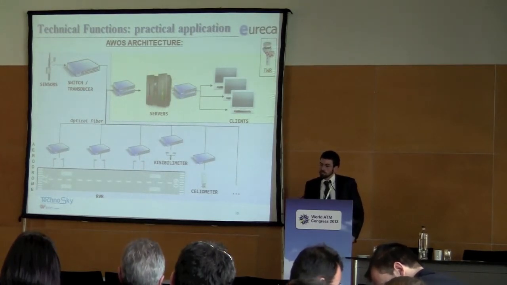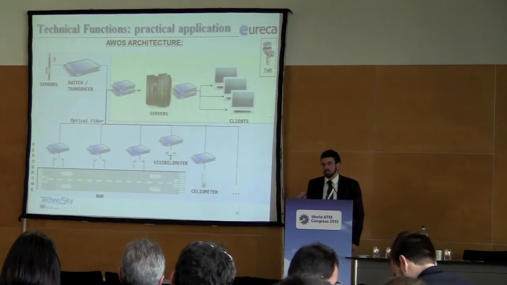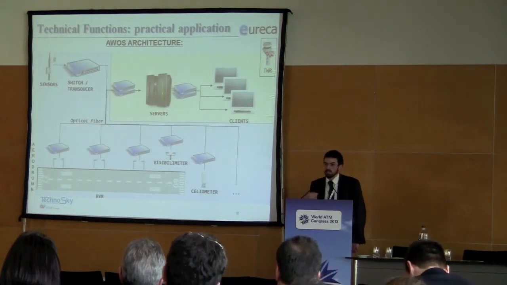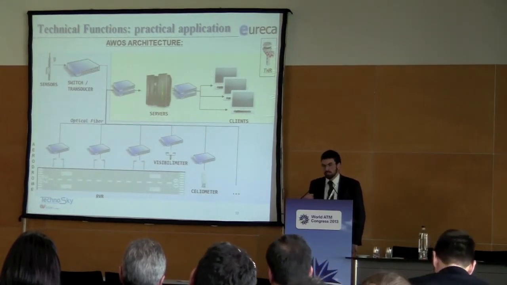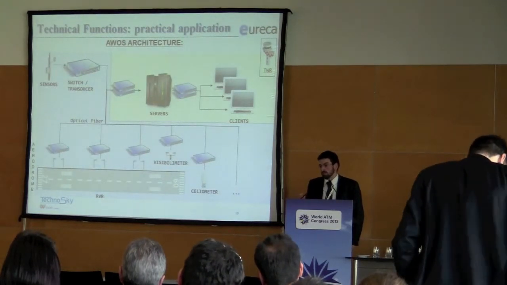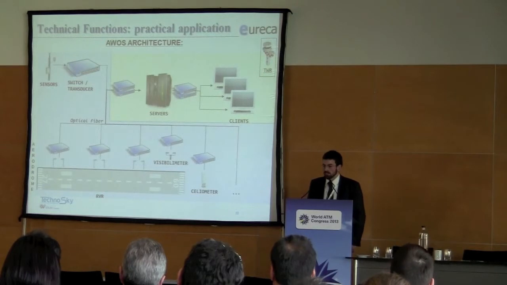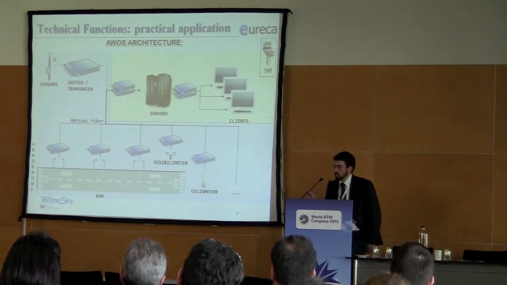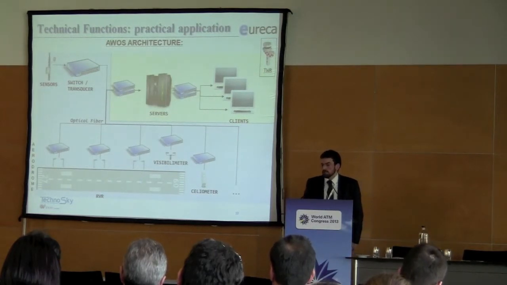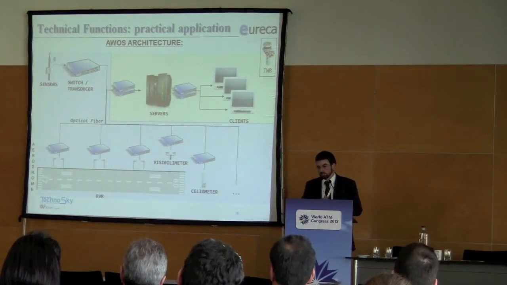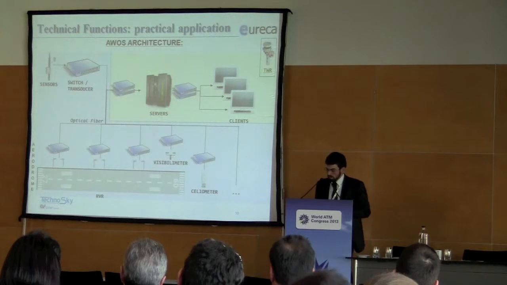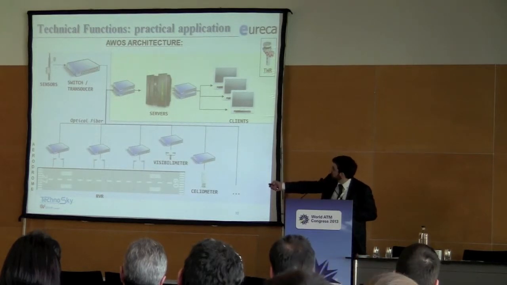For example, suppose that we have to analyze the HMI system, that is the main airport weather system. And by the way, there is a simulation of the system produced by TechnoSky in our stand. As you can see, it is composed of a set of sensors in the aerodrome that are placed on a mast, on a pole.